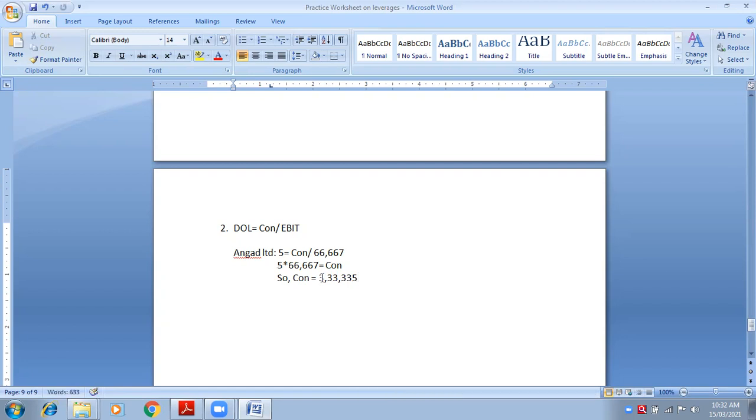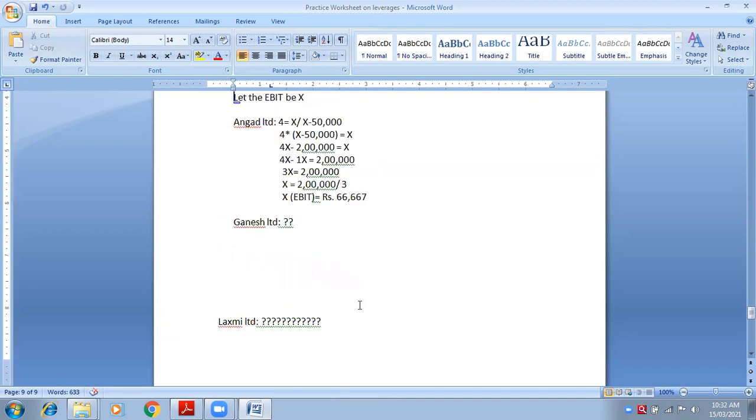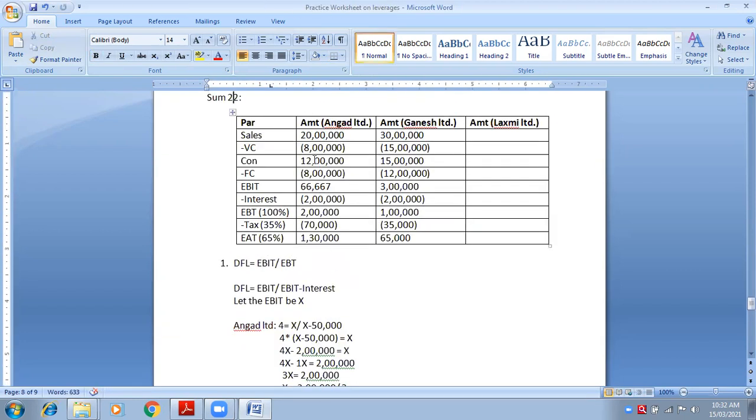So contribution is also now available with us. Let us take it into the table. Contribution is 3,33,335. EBIT is already there with us, 66,667. Contribution is also now available.